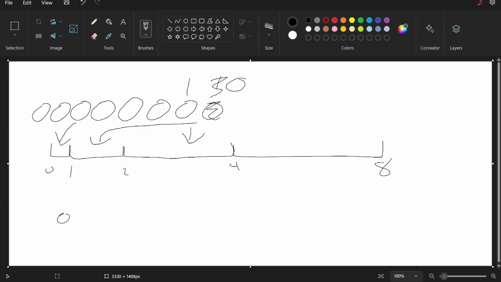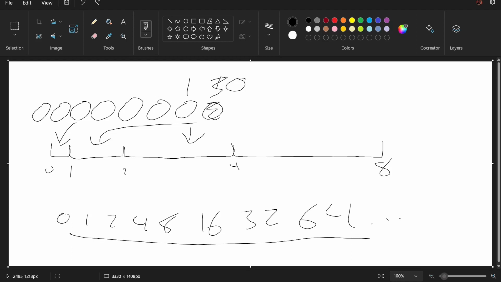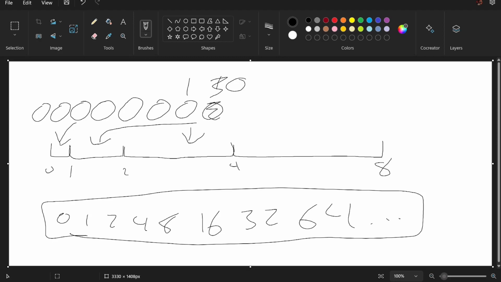So the bins go from 0 to 1 to 2 to 4 to 8 to 16 to 32 to 64, on and on and on. I can't remember the top exponent; I have it written in my slides somewhere, but these are the powers of 2, and those are the bin sizes.